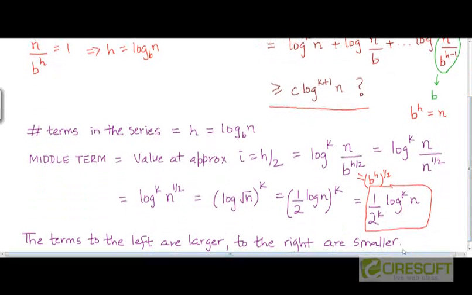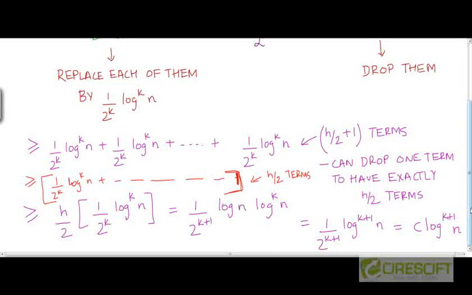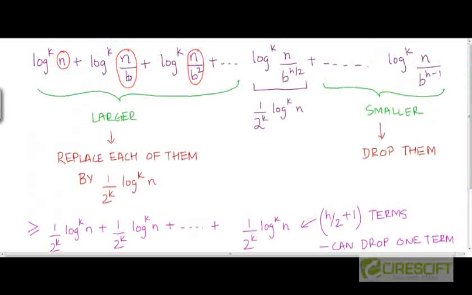But by focusing on the first half of the series and by reducing the values of the arguments of every term in the first half to n by b to the power h by 2, we obtained h by 2 copies of this same term, and we lowered the value of this whole series even more by that.